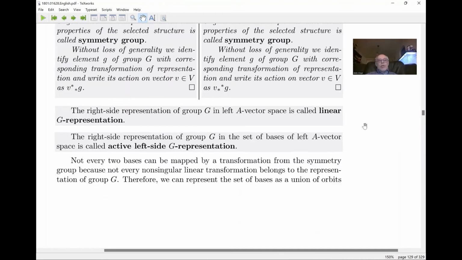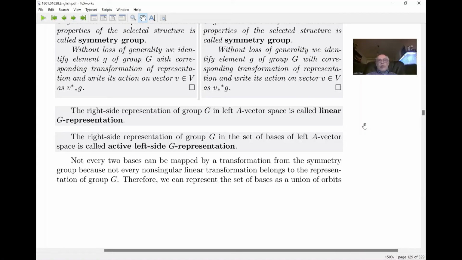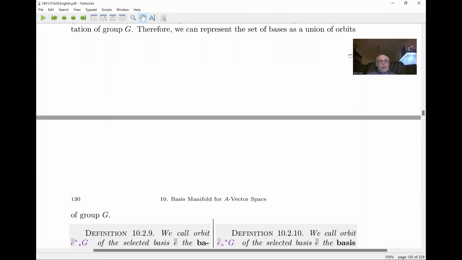Not every two bases can be mapped by a transformation from the symmetry group, because not every non-singular linear transformation belongs to the representation of group G. For instance, if we consider scalar product of vectors, there are linear transformations which do not preserve scalar product. Therefore, we can represent the set of bases as a union of orbits of group G.